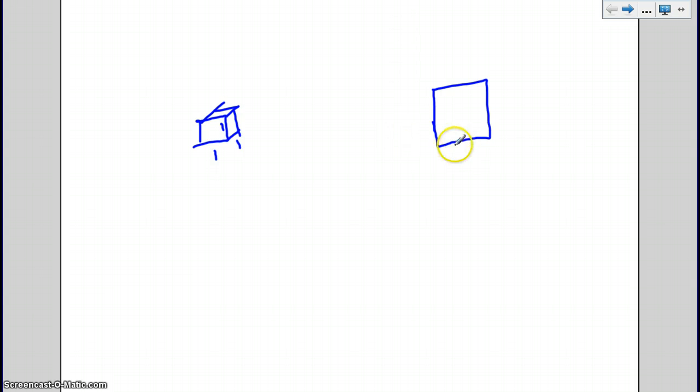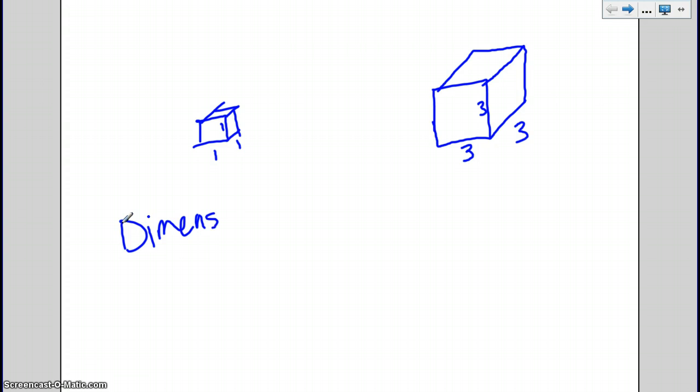If I triple the dimensions, this is actually 3 with a depth of 3. I had my old dimensions as 1, and then I tripled them, so my new dimensions are 3. The scale factor between them is obviously 3.